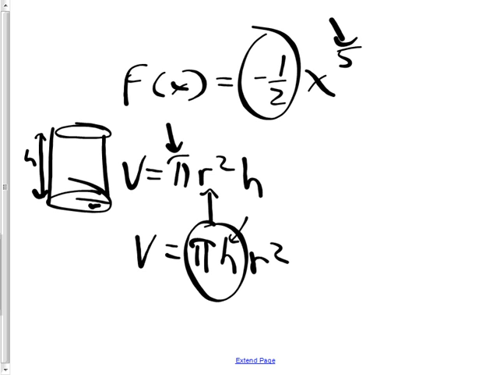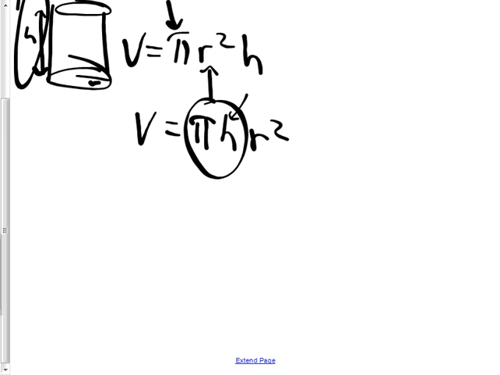A constant means it always stays the same. On a cylinder, is this always the same? The heights are always the same on all cylinders? No. Okay. Pi is always the same, isn't it? So pi is a constant. But this h is not always the same. So bottom line is, I have to do what it said, which was use k for the constant of variation if 1 is not given.